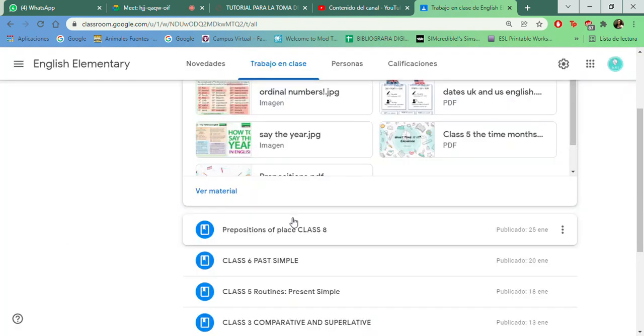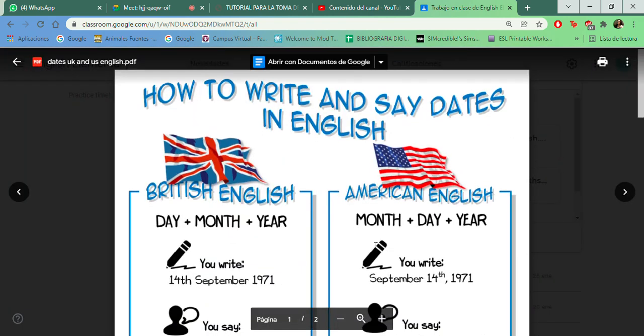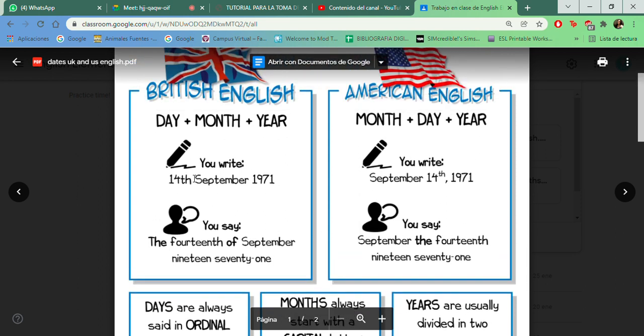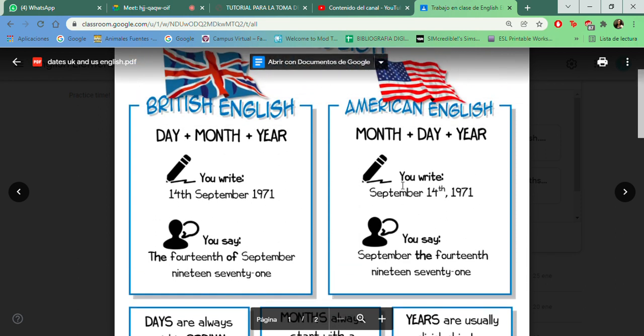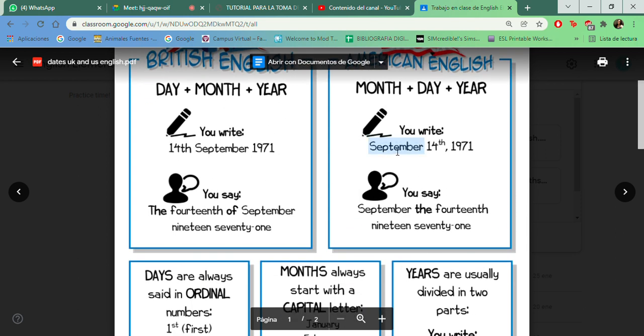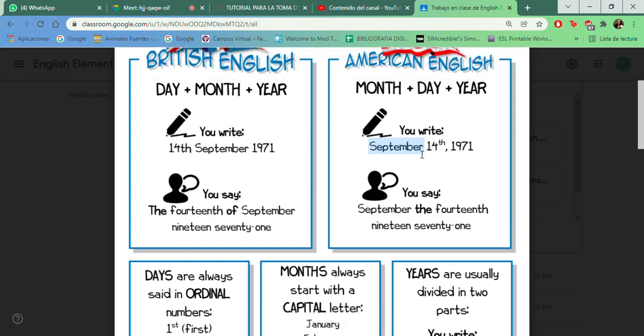Now let's see the dates. For the dates, we have to look at the American format. You put the month first because, I don't know, American people are always against the whole world, so they use a different order. We use the day and then the month, right? Almost everyone does that.